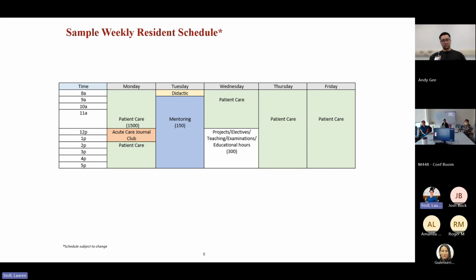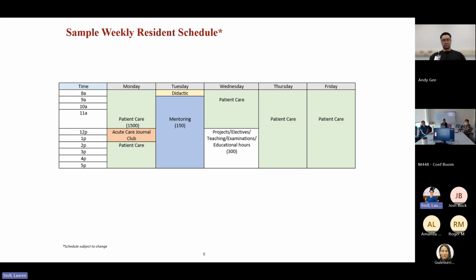For residents, it's just a standard 8-hour day, plus or minus, starting around 8 in the morning and ending around 5 o'clock. The green boxes denote chunks of time where you're going to be involved in patient care. That is when you have a list of patients that you're responsible for and you're managing that caseload.